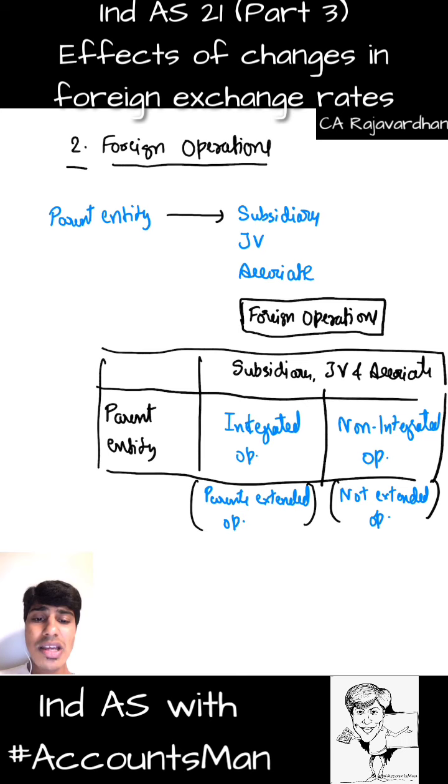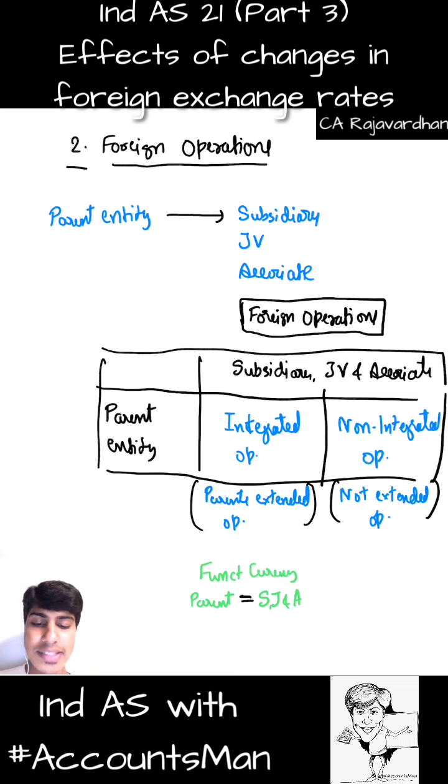So if a subsidiary is an integrated operation, then what will happen? I'll tell you. The functional currency of parent and subsidiary, joint venture and associate will be the same. You get that?